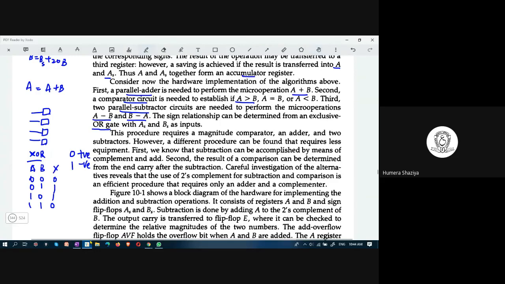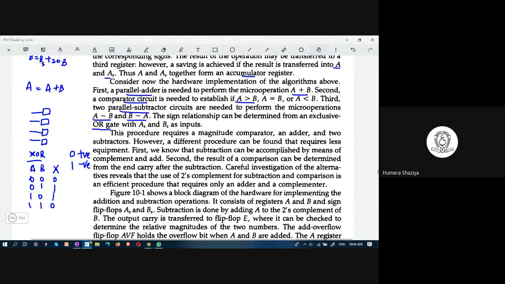Here, please understand the logic. If any one number is negative, meaning 0, 1, where 1 means negative, the resultant is negative. Here also, if one number is negative, A is negative, the resultant is negative. When both are negative, the result is positive.